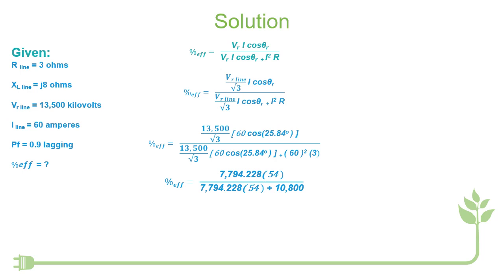Therefore, the percent efficiency equals 7,794.228 multiplied by 54 all over 7,794.228 multiplied by 54 plus 10,800. The final answer will be 97.498%. That is the percent efficiency of the line. Next, we will determine the voltage regulation of the line.